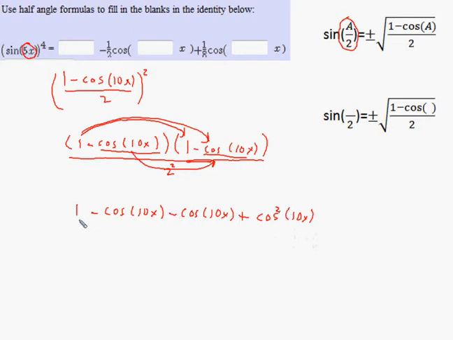Don't forget that this whole thing was being divided by 2 squared, which I wrote here as 4.